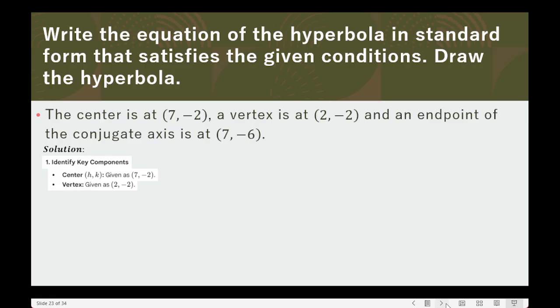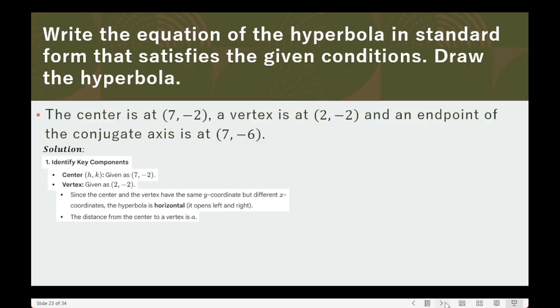The vertex is at coordinates 2, -2. Now, since the center and the vertex have the same y coordinates but different x coordinate, it follows that the hyperbola is horizontal. So this is the orientation of the graph. And it opens left and right.